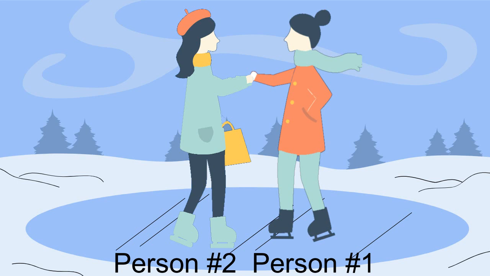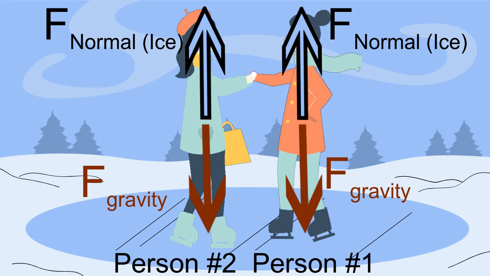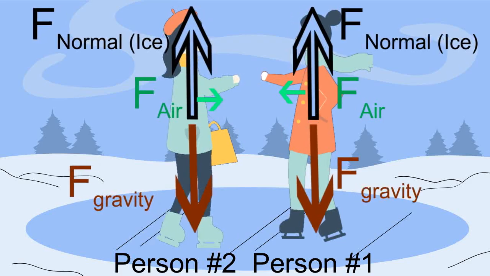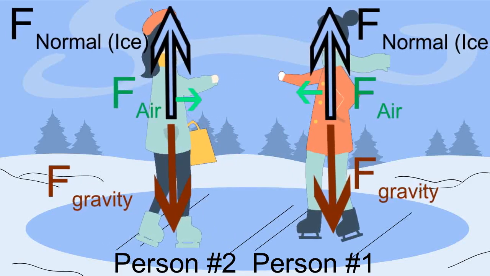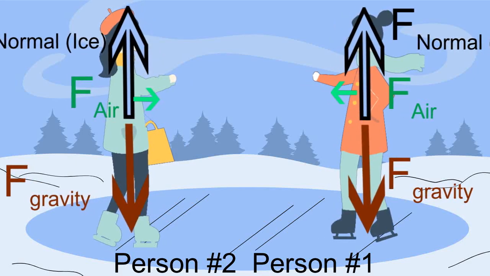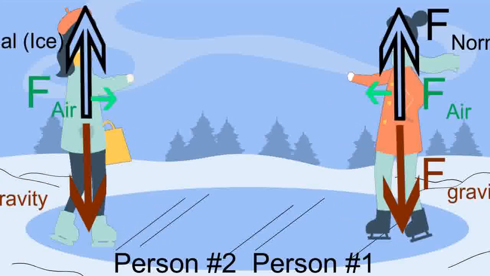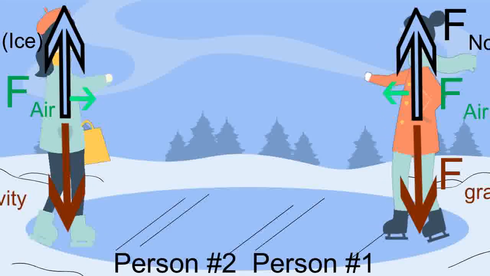So then the only forces to look at would be the force of gravity on both of the people, the normal force on both of the people, and any force of friction on each individual person. But that force of them pushing on each other, because your system is both people together, those forces cancel out, so they don't need to be included in your net force.